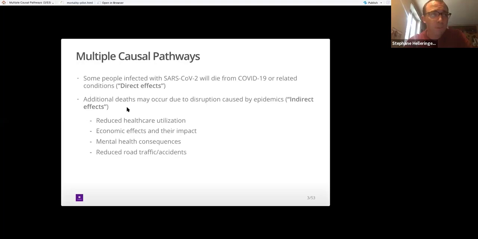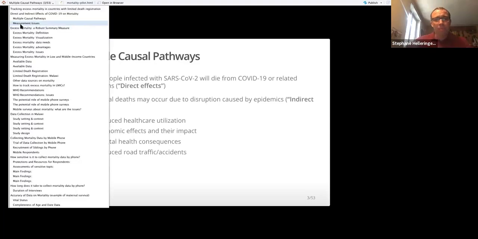So, for example, in low-income countries and in disadvantaged populations, that might have something to do with nutrition. There might be mental health consequences. On the other hand, there might also be reduced road traffic and accidents if people are increasingly staying home to avoid the transmission of infectious diseases.